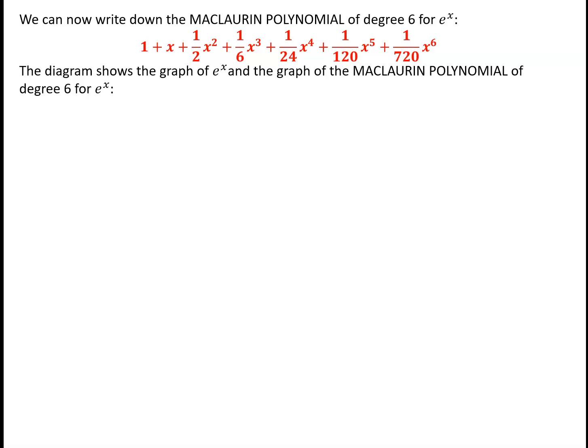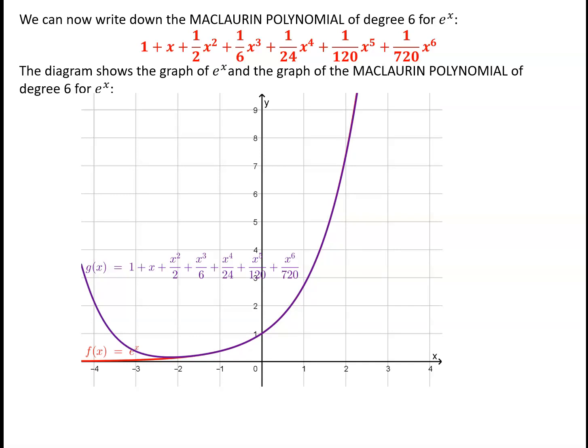And if we draw a graph for e to the x and the graph of this Maclaurin polynomial of degree 6 for e to the x, we get this. And in this case, we can see that the Maclaurin polynomial and the original function are in very good agreement for values of x lying between -2 and 2.